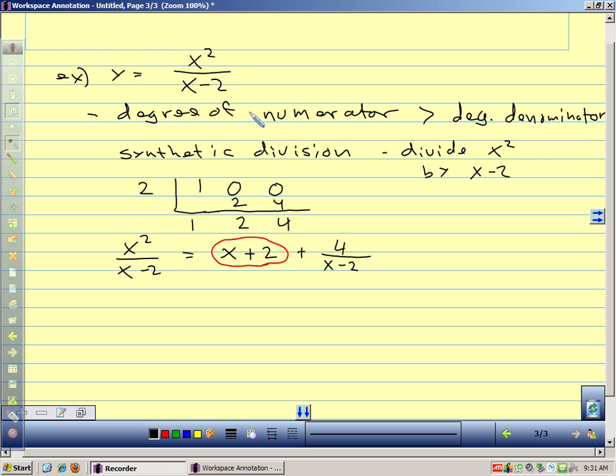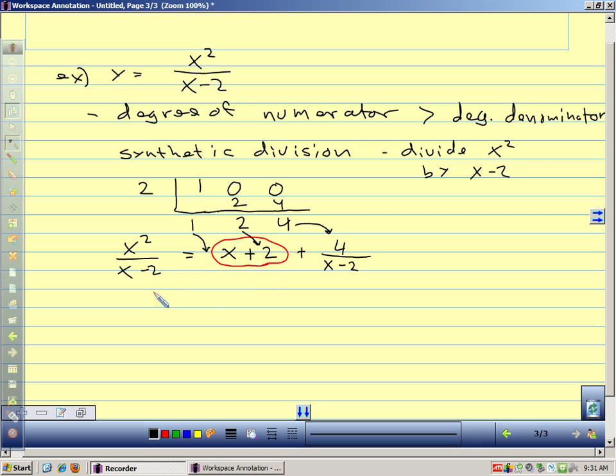I just want to figure out what I get when I divide x squared by x minus 2. The 1 is going there, the 2 is going there, and the 4 is going there. So this is what I'm left with when I do synthetic division.